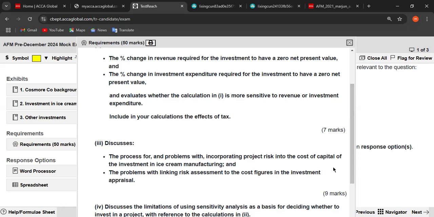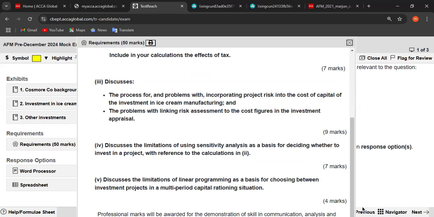So the last part of the question, the examiner was saying, discuss the limitations of linear programming as a basis for choosing between investment projects in a multi-period capital rationing situation. So in this question, the examiner has also tested capital rationing.